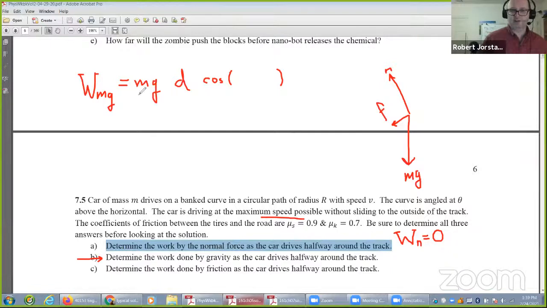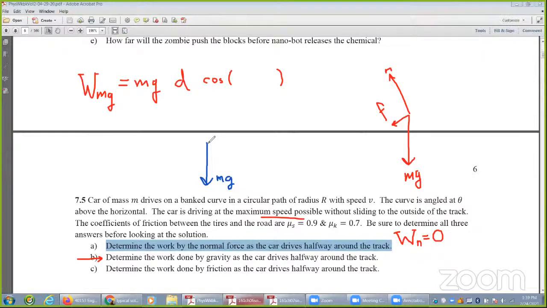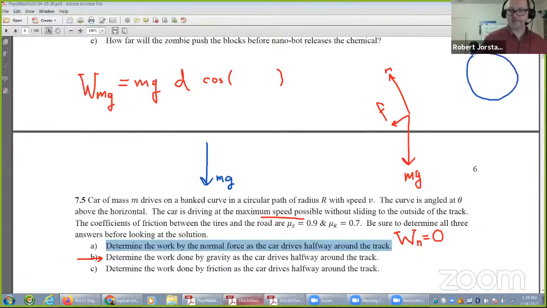Remember I mentioned it's sometimes useful to draw a little picture? Here's mg. At the instant shown, what direction is displacement? Shouldn't we try to get a top view? Okay, you want a top view? I'll draw a top view. Here's the top view. Here's the car.